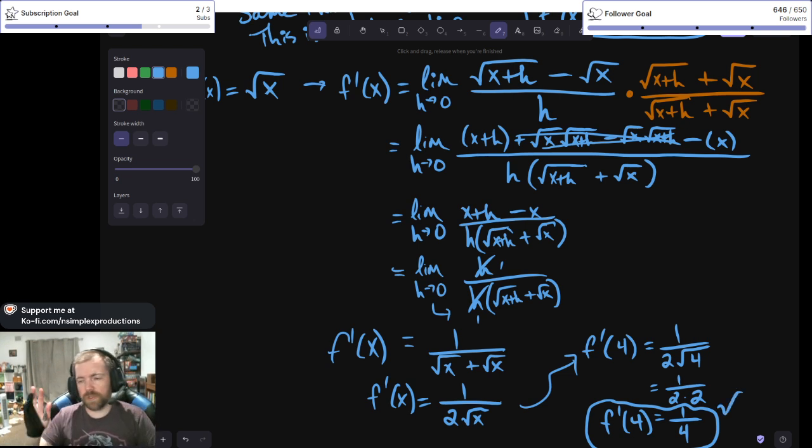Right, and we were sure from earlier that the square root function should have a slope value at x equals 4 of approximately 0.25. So now we've analytically shown that it is in fact 1/4. Not even just approximately 1/4, it is 1/4.